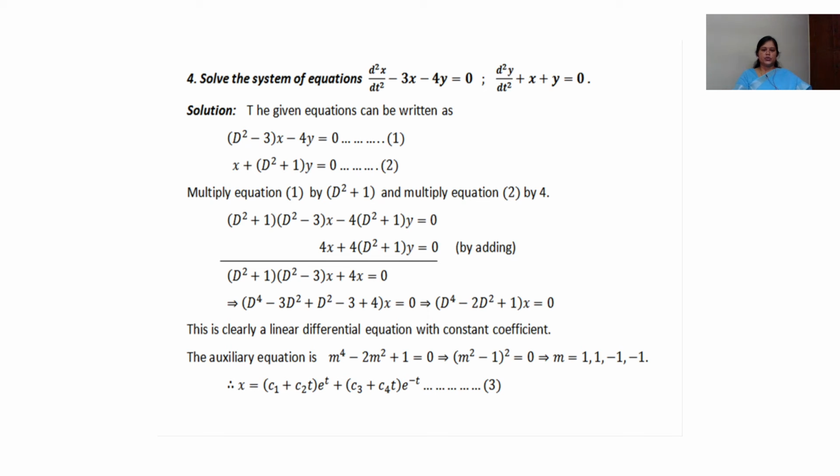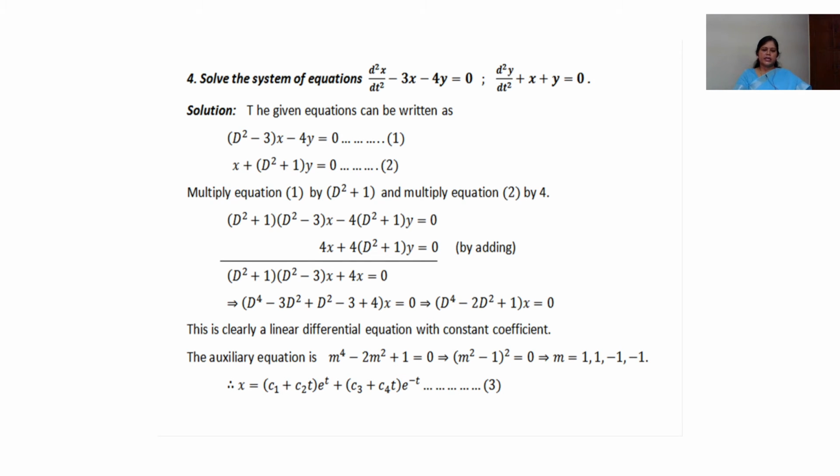By adding these two equations, the y value will vanish, and we'll get only the x value. That is d square plus 1 into d square minus 3 into x plus 4 is equal to 0. If you simplify that, we'll get d to the power 4 minus 2 d square plus 1 into x is equal to 0. So we got the f of d into x is equal to 0 form.